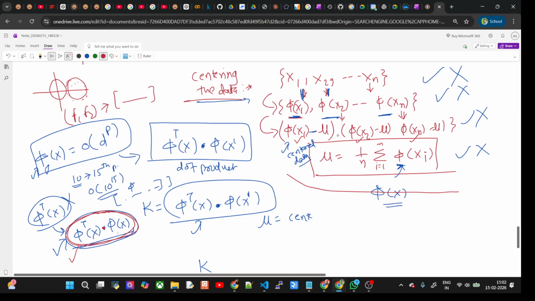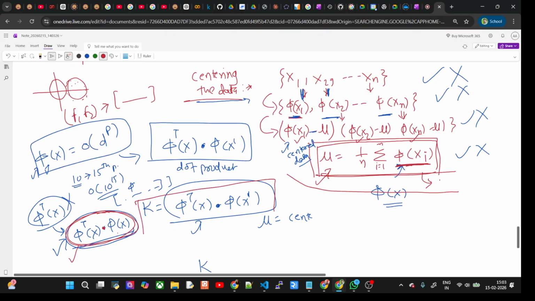So in some way you are trying to get this subtraction, whatever mean you are having, you want to convert that mean. This is like a normal mean you generally compute, but you don't want to do that in this case, in the higher dimension. So you want to convert this normal mean in such a way that the operation looks like this.